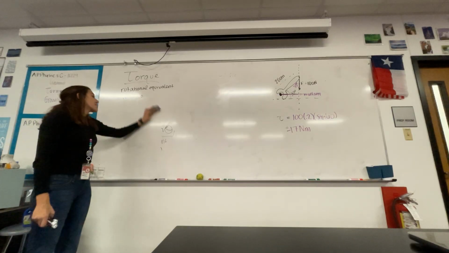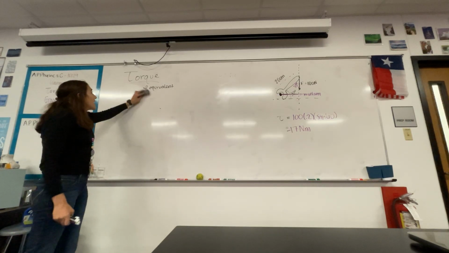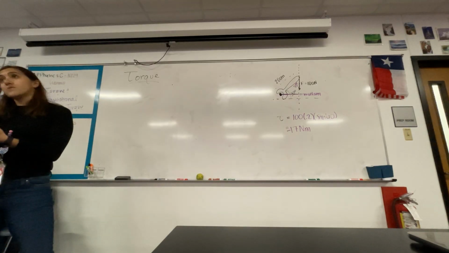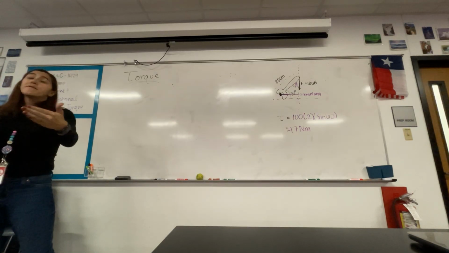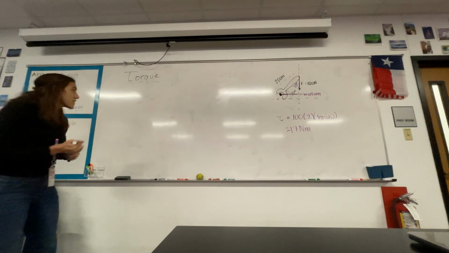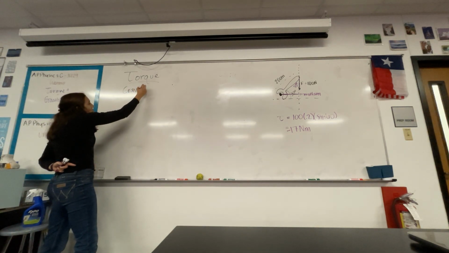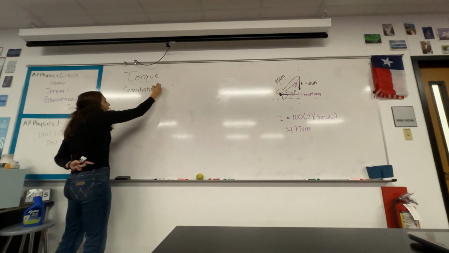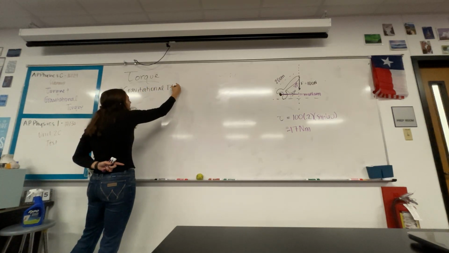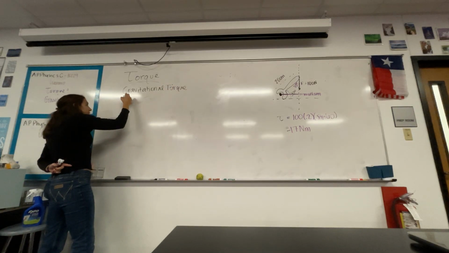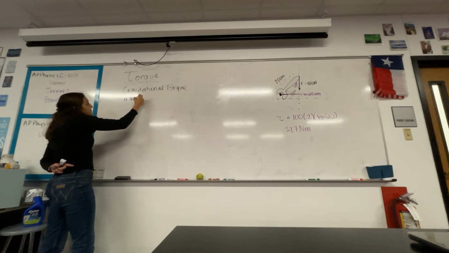All right, last thing here. Don't forget that torque is a force applied to an object somewhere away from the pivot point. So I can have gravitational torque. I have gravitational torque anytime the pivot isn't at the center of mass.